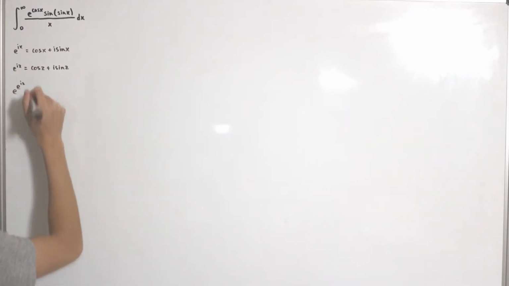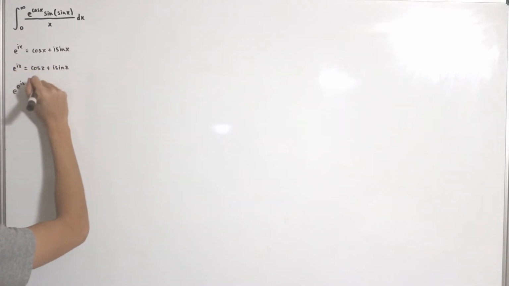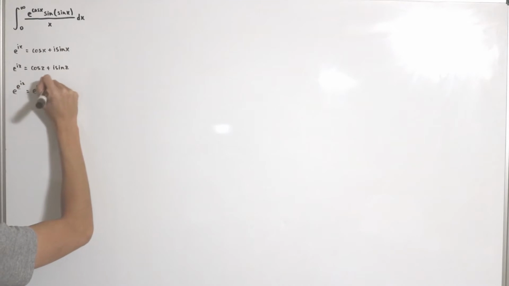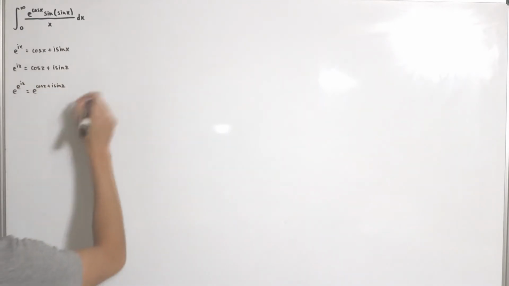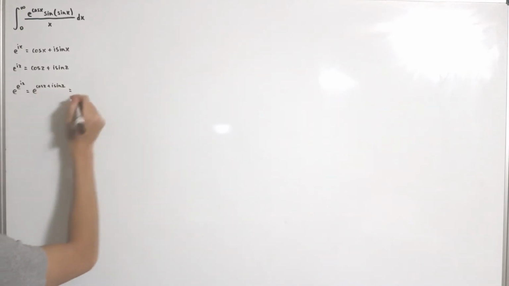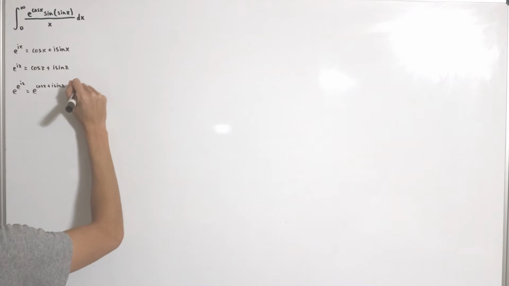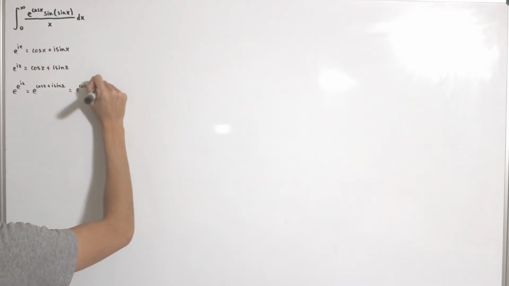This equals e to the power of Euler's formula, cosine z plus i times sine of z. Then we can use our rules of exponents and multiply this as a product of the e base, so e to the cosine z, multiplied by e to the i sine z.